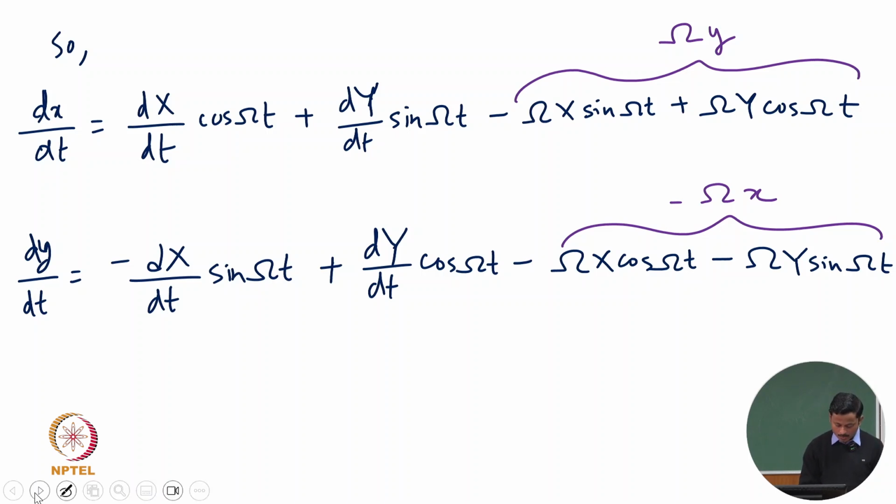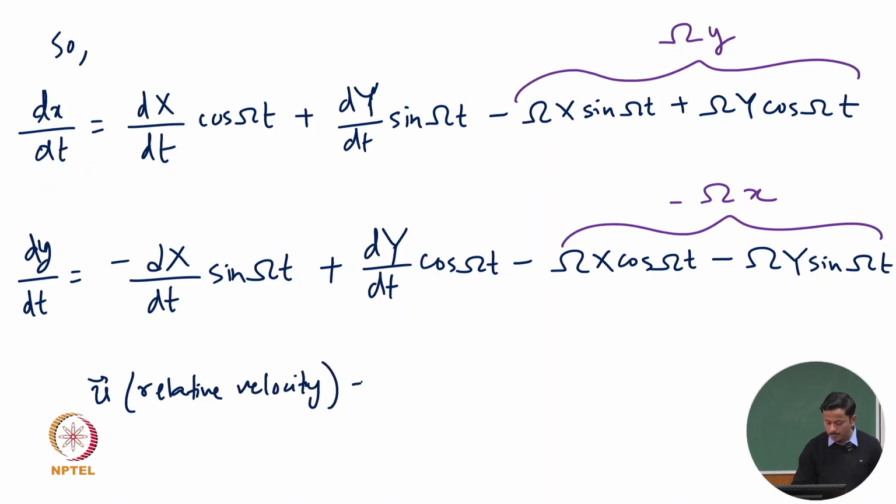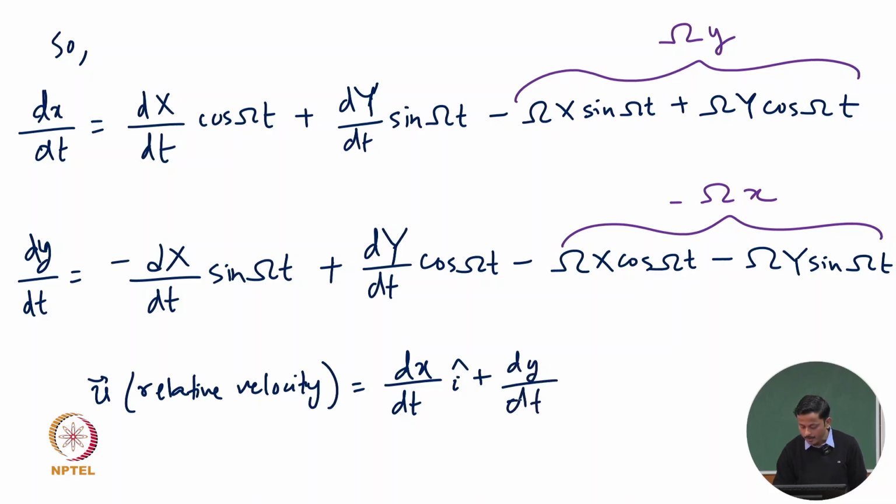So now the relative velocity, small u, is dx by dt i cap plus dy by dt j cap, which is u i cap plus v j cap. This is simple. This is the velocity that is measured in the rotating frame of reference or a moving frame of reference.